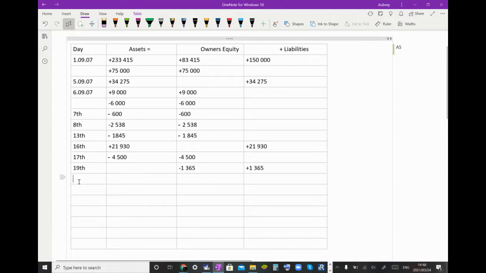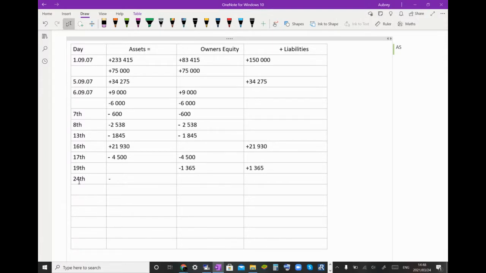Next transaction happened on the 24th. Purchased fuel. Fuel we know is an expense for the delivery vehicle from petty cash. So petty cash we know is an asset. If we're purchasing from petty cash, what's happening to the petty cash? It's decreasing. So our assets, what's happening?